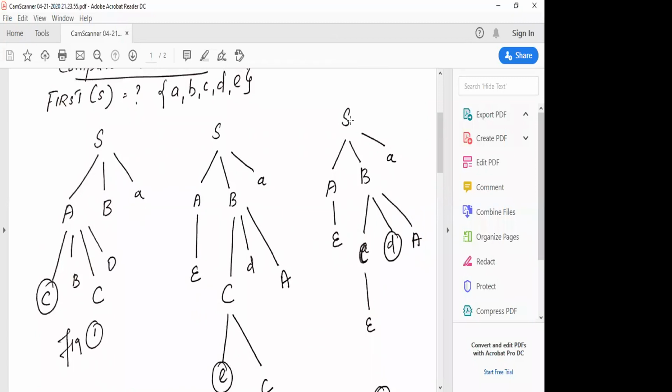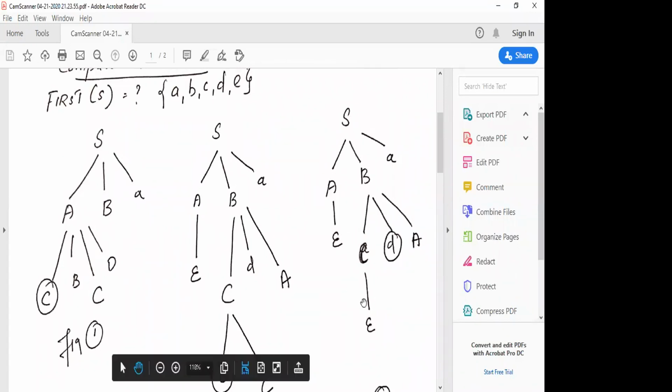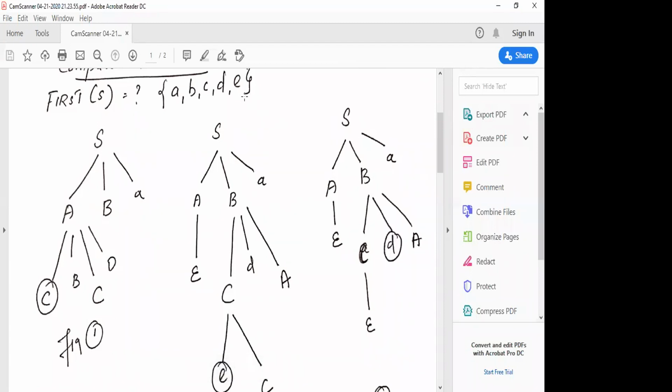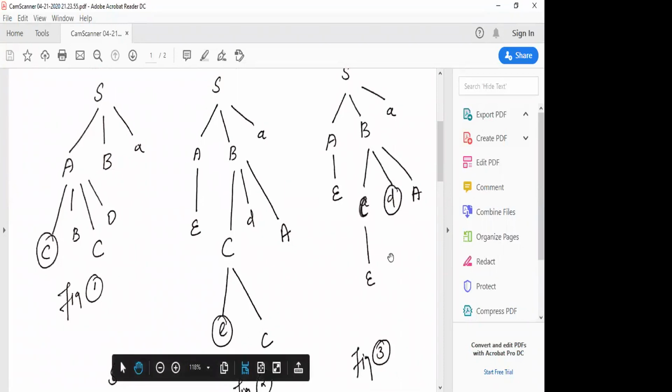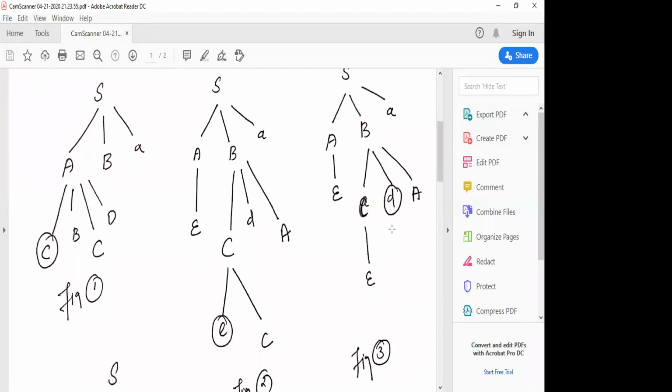First of S is first of B, of course, because A is replaced by epsilon. First of B is C. Since C is replaced by epsilon, what is the first of S now? It is nothing but D. So D is also included in the first set of S. So C, E, and D, all these terminals are included in the first set of S. I hope till this you have understood. Shall I proceed now further?